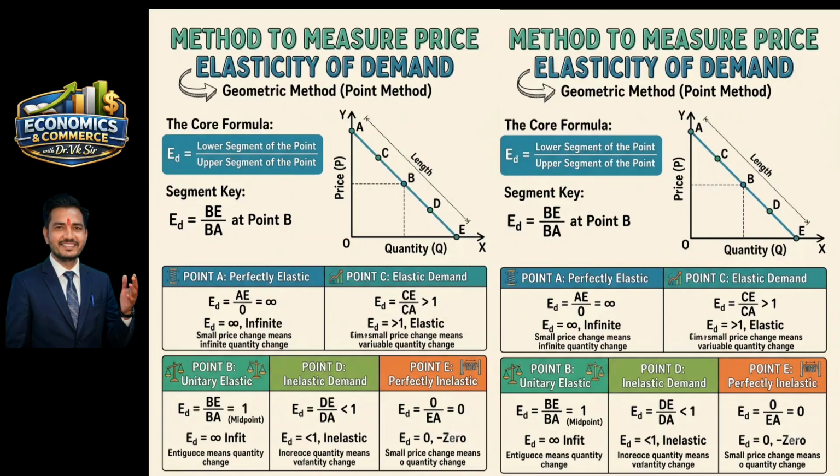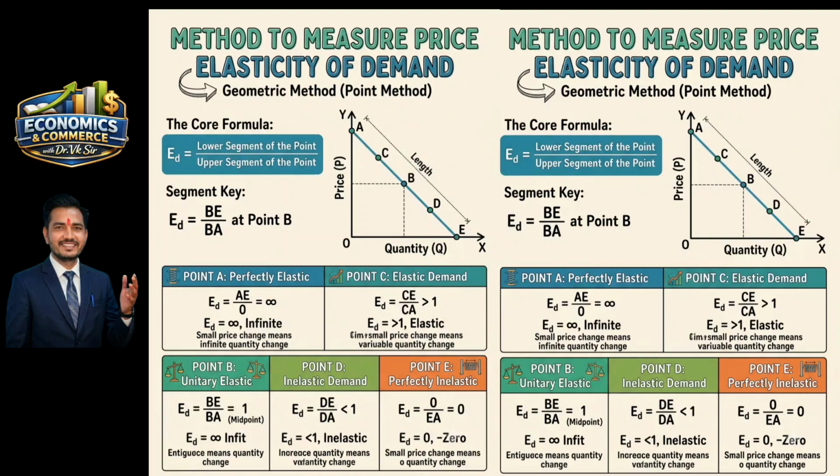So that answer will be 1. So elasticity is equal to 1. This is called unitary elastic demand. We also learned about the categories, the degrees of elasticity of demand.